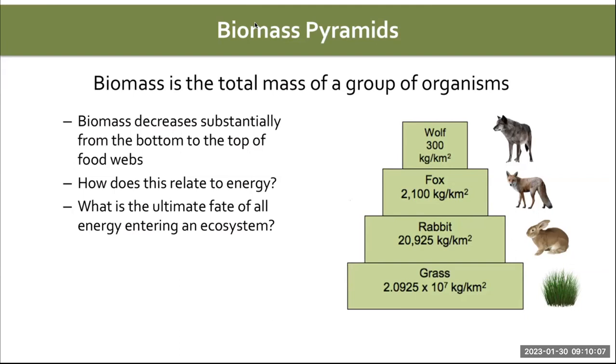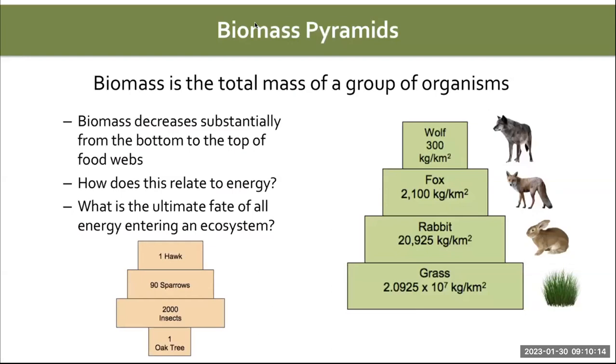Now, there are exceptions to all of this. We're painting pretty broad brushstrokes here. There are examples of ecosystems where a single oak tree is supporting a tremendous amount of biomass.